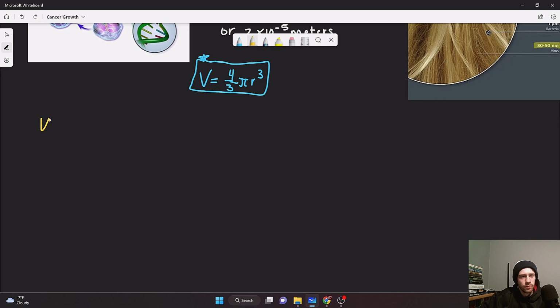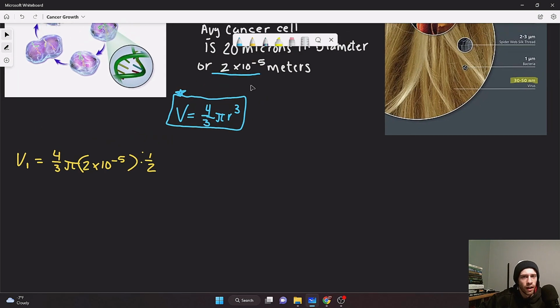So volume V1 is equal to 4/3 times pi times 2 times 10 to the negative 5th times half, because our radius is going to be half our diameter, and this is our diameter.